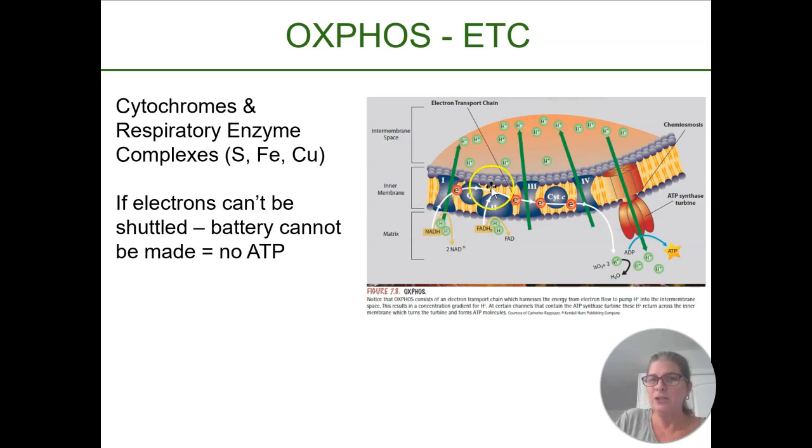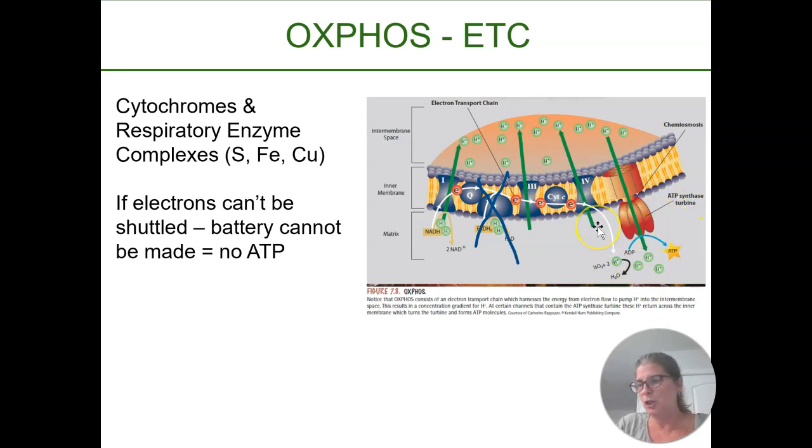And remember, that generates the energy to pump the hydrogens and make the battery. Well, if anything blocks this chain, and if I can't shuttle electrons through, I can't pump these hydrogens out and make my battery, I'm going to have a problem. Because if I don't have that battery, I'm not going to be able to make ATP, and it's going to kill me. And you'll see here that at certain channels, this is called an ATP synthase.